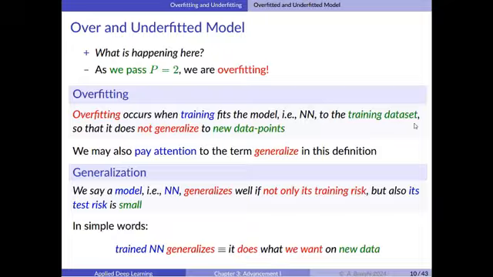And what's generalization? It means that, for example, we say the model generalized well when it can predict the test data points that it hasn't seen.